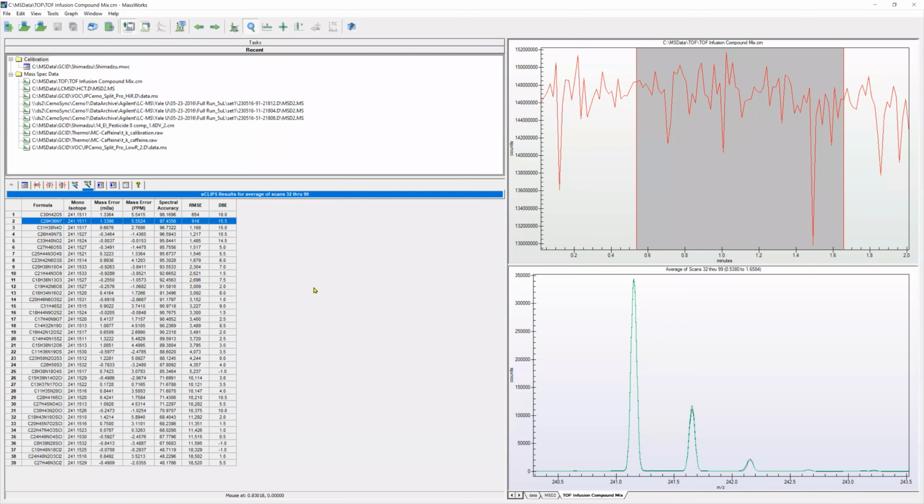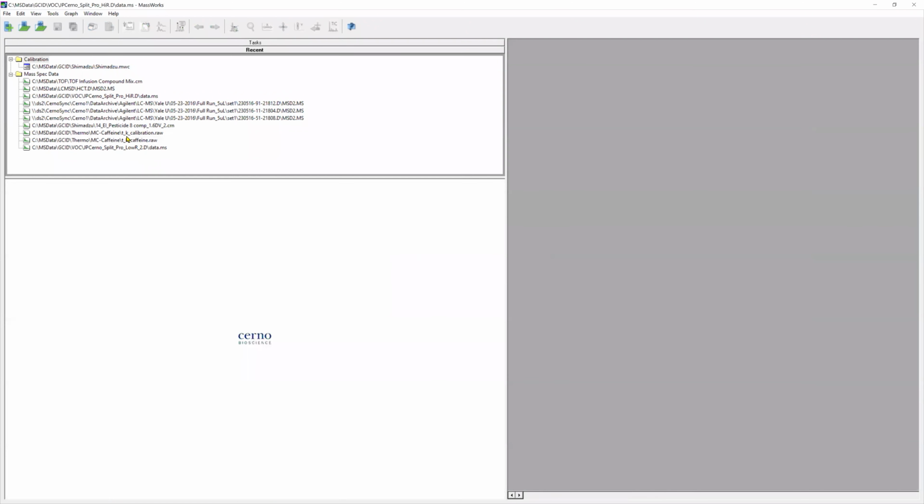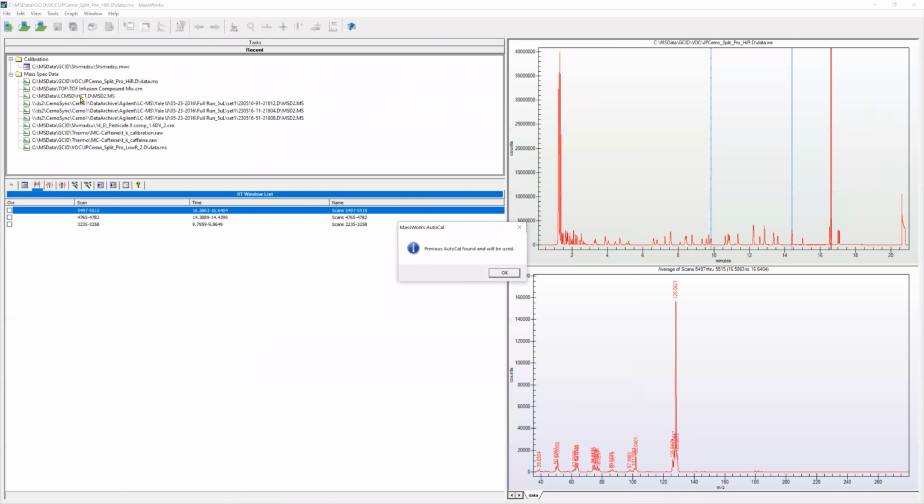This is our software. It's called MassWorks. Let me just close all the data windows here. The first thing I'm going to open up is a GCMS run of VOCs. You see this little dialogue that popped up. It's saying, by the way, remember, you have to go through this calibration process.